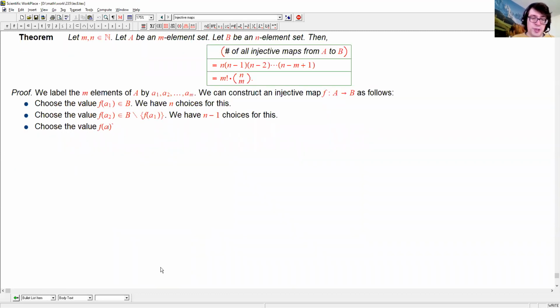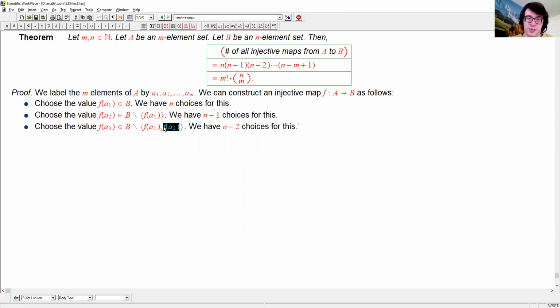Next, we choose the value f of A3. This time we have to avoid f of A1 and f of A2. There are already two values we have chosen, and they no longer work. So choosing f of A3, we have n minus 2 choices. Why n minus 2?